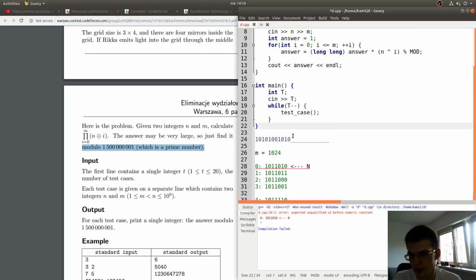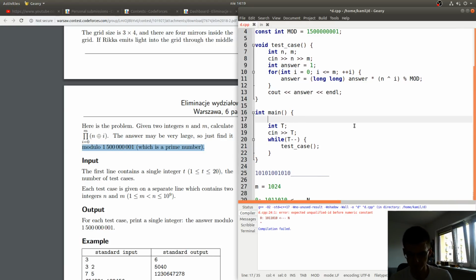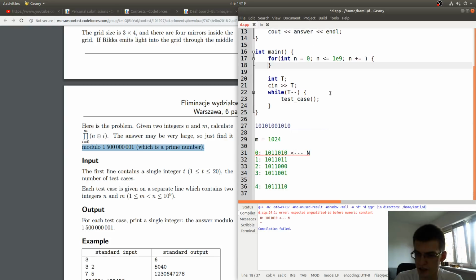So the idea is that here what we should do is, let's say for every number n, starting from 0 up to something, let's say for a moment it will be up to 1 million. It will be in fact a bit longer, and let's in a moment think what we exactly should do.